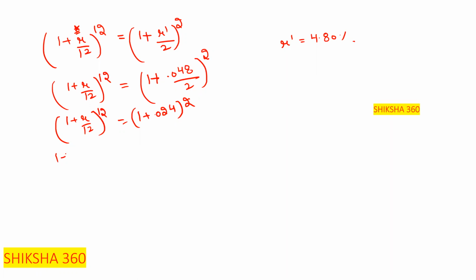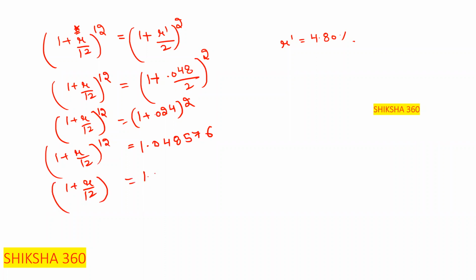This comes out to 1.048576. Now 1 plus r upon 12 is equal to 1.048576.